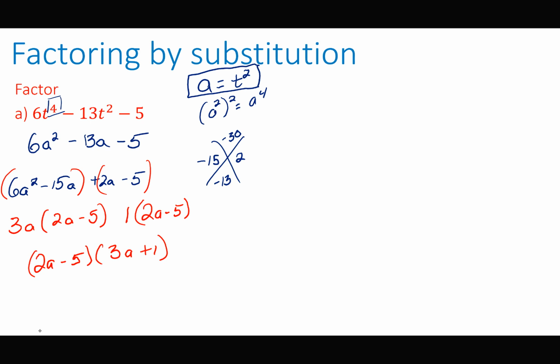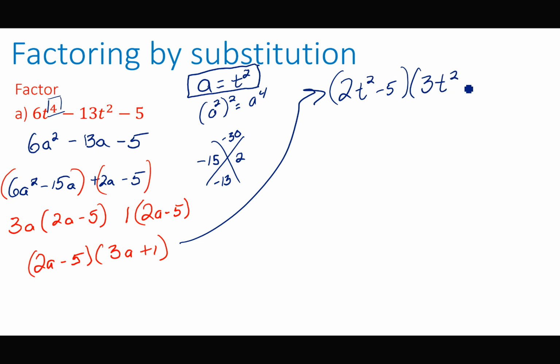But we are not done because a is really t squared. So this becomes 2 times t squared minus 5. And then this one becomes 3t squared plus 1. That would be fully factored now because it's back factored in terms of t. That a was arbitrary. I introduced that a. That wasn't initially in the problem. So I need to put it back to what a really represented.